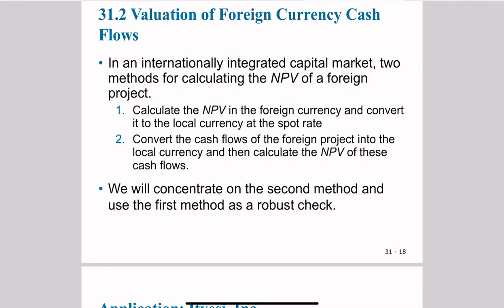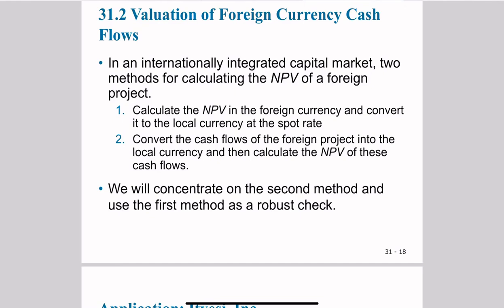We want to focus on this second method because the first method is really close to the approach you have learned in Corporate Finance 1. And the first method has only one additional step. That is, you have to convert present value or net present value into a local currency at the spot exchange rate. Right?